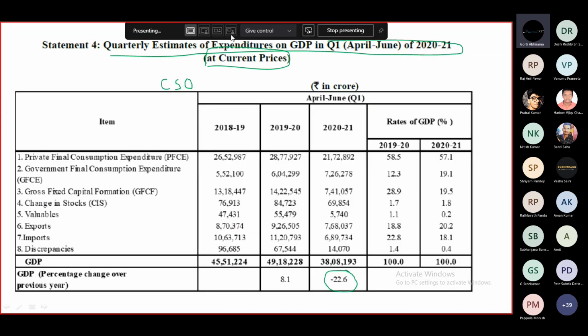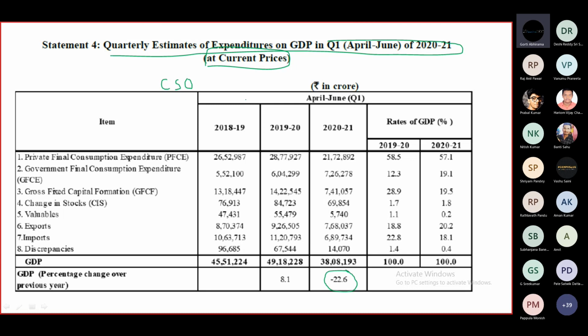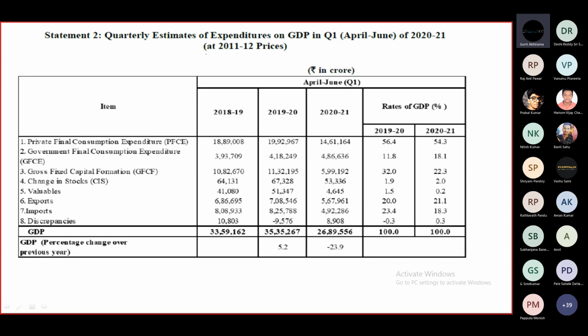So if we look at the constant prices for India, you see the constant prices are at 2011-12 prices.